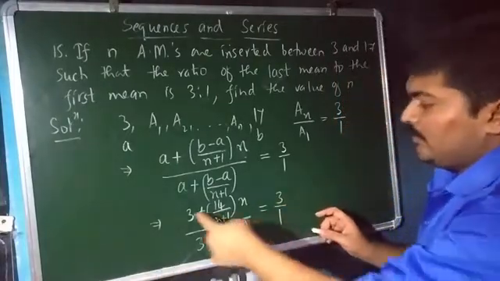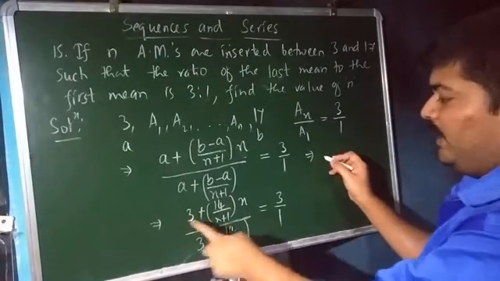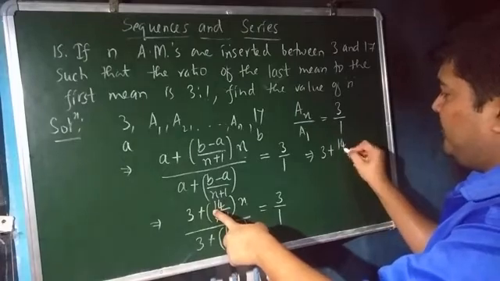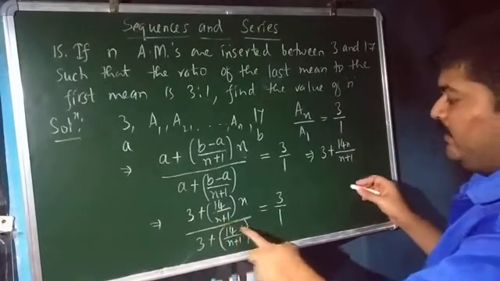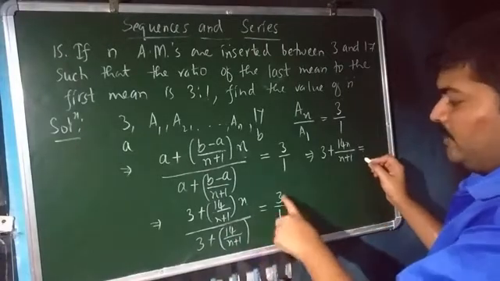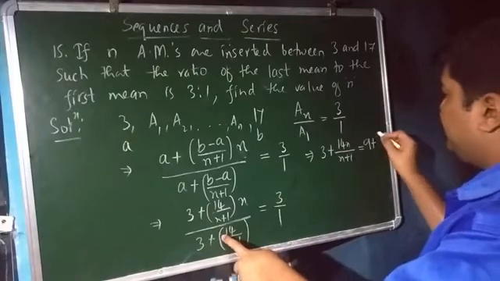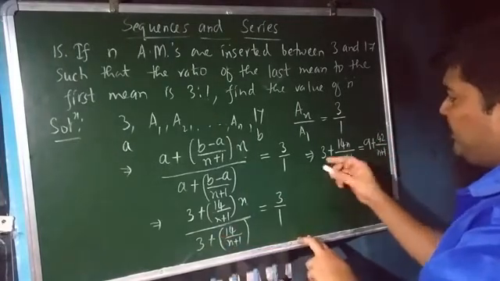Now let us cross multiply. We are left with 3 into 1, that is 3, plus, multiplying inside, 14n divided by n plus 1, is equal to 3 into 3, that is 9, plus 3 into 14, that is 42, divided by n plus 1. Now take out the LCM and cross multiply.